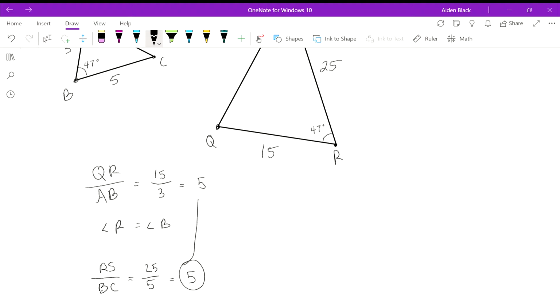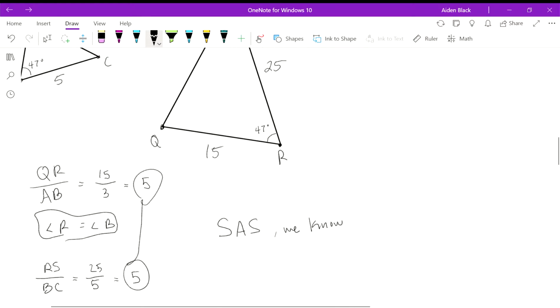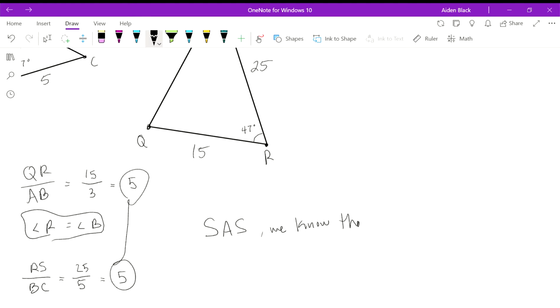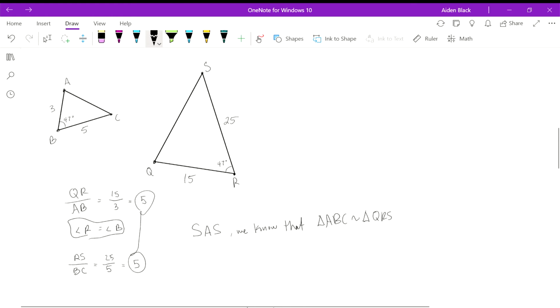So we have these proportions, and we have our equal angles by the side angle side theorem. We know that triangle ABC is similar to triangle QRS. Cool.